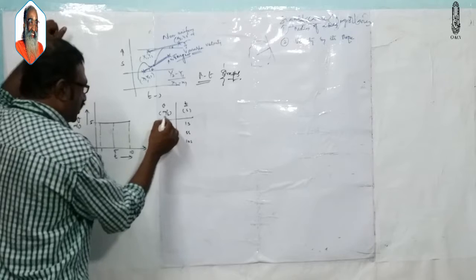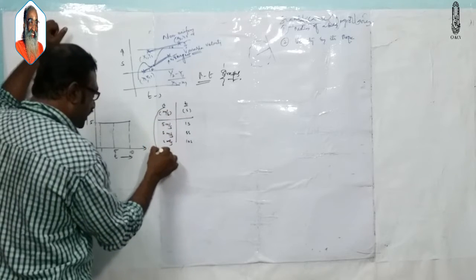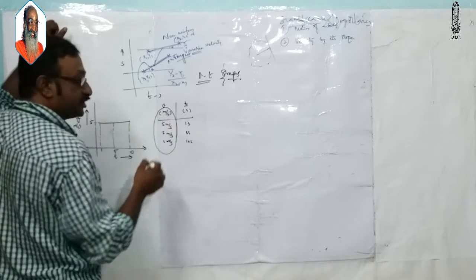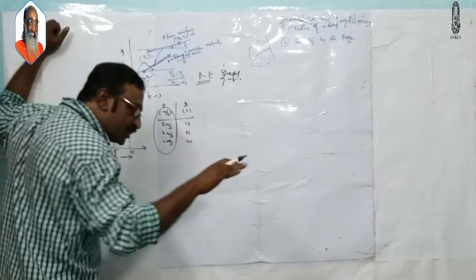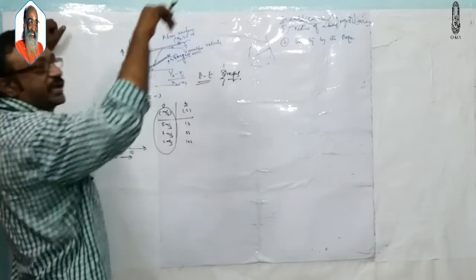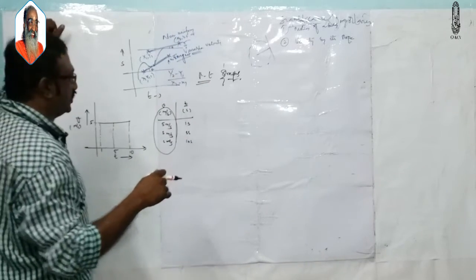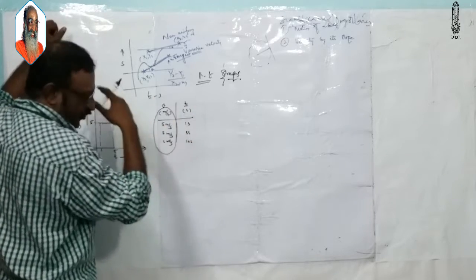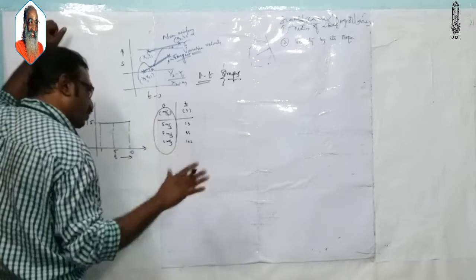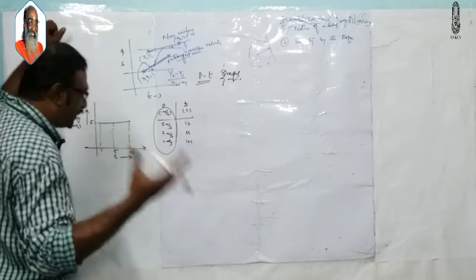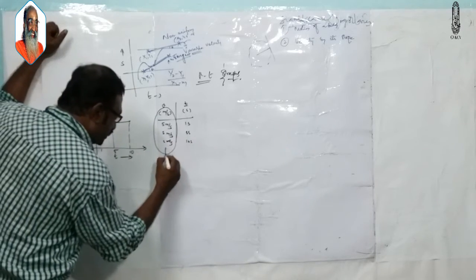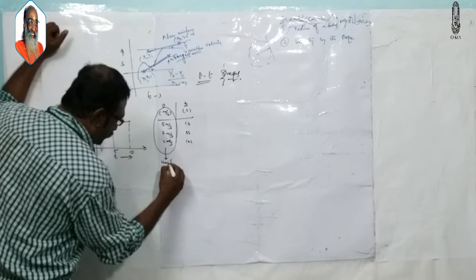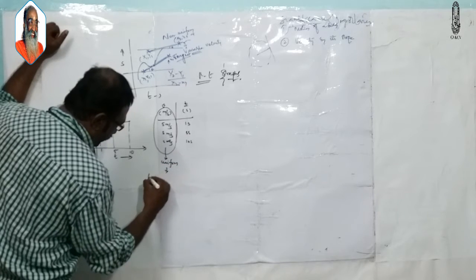Velocity means it is changing its position in a particular direction, isn't it? So as the time goes on, the velocity is remaining the same. That means this is uniform. That means the body is having uniform velocity.